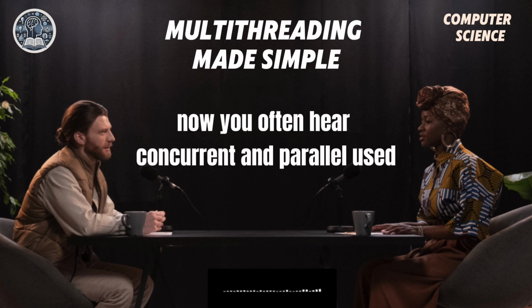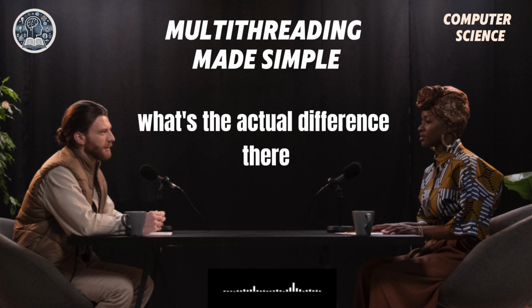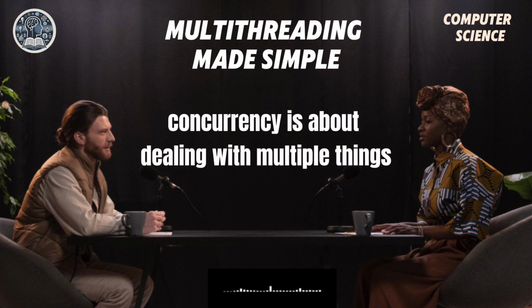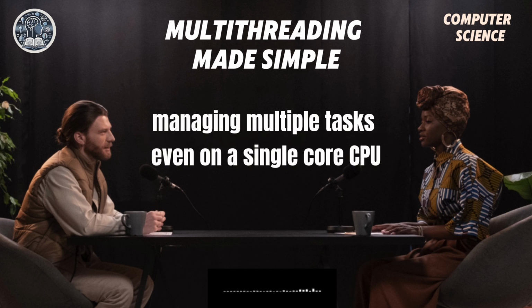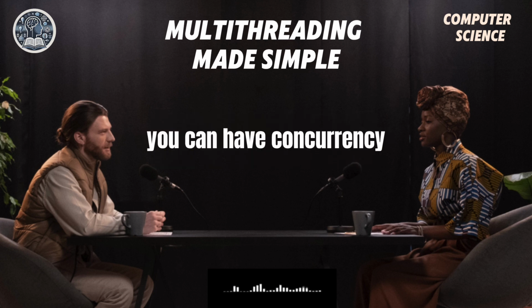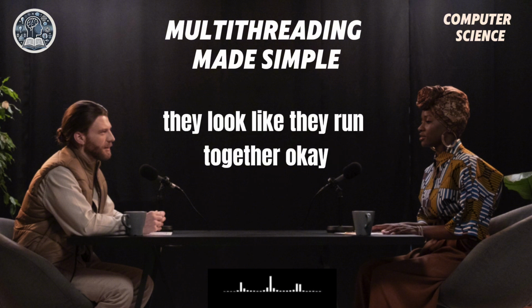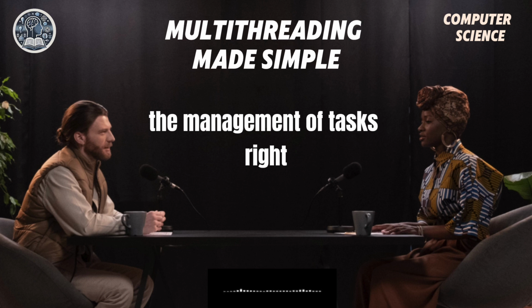Now, you often hear concurrent and parallel used, sometimes interchangeably. Yeah, what's the actual difference there? Is there one? There is, and it's important. Concurrency is about dealing with multiple things seemingly at the same time, managing multiple tasks. Even on a single core CPU, you can have concurrency by rapidly switching between threads. They look like they run together. Okay, so concurrency is about the structure, the management of tasks. Right.